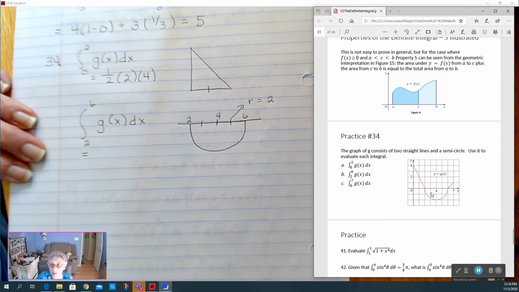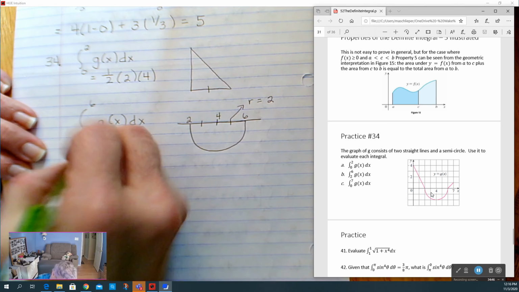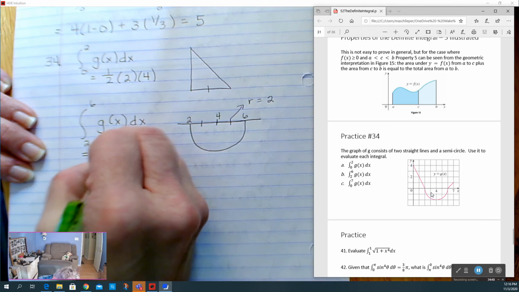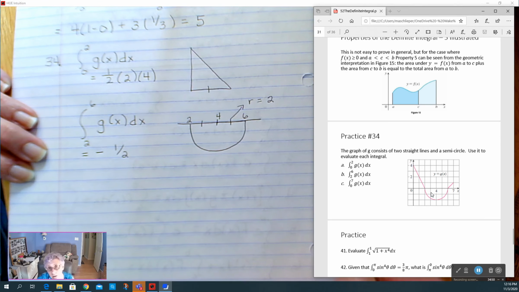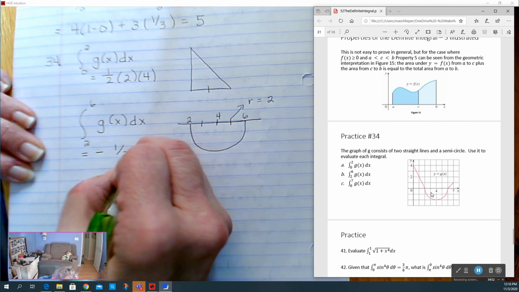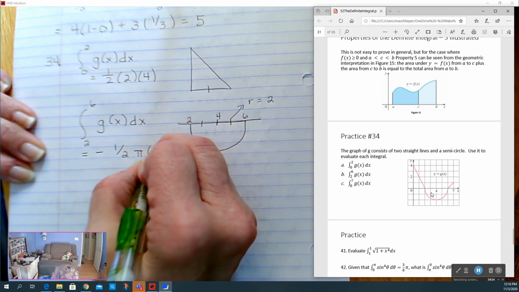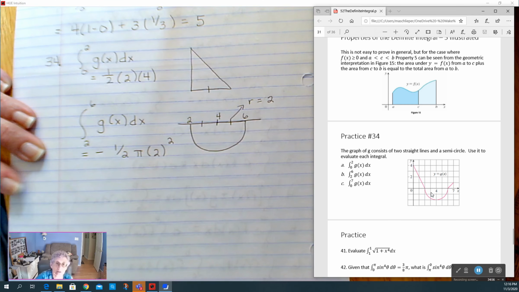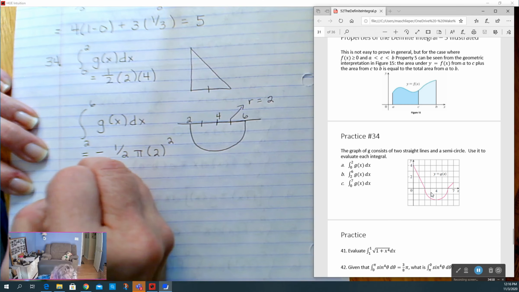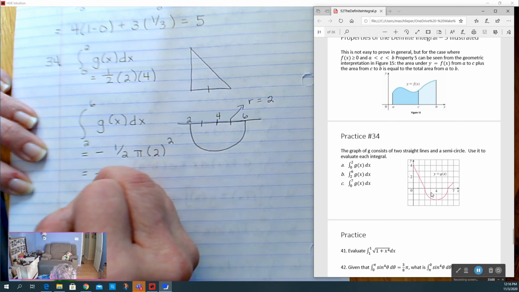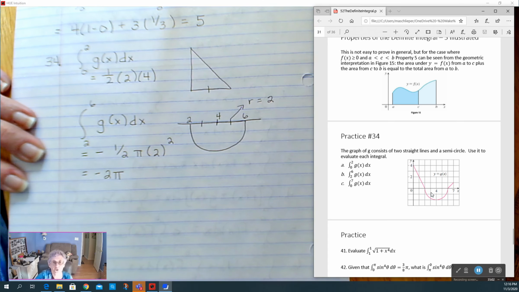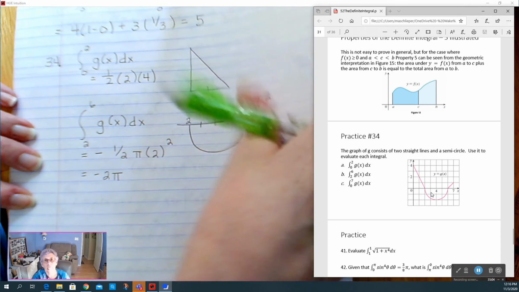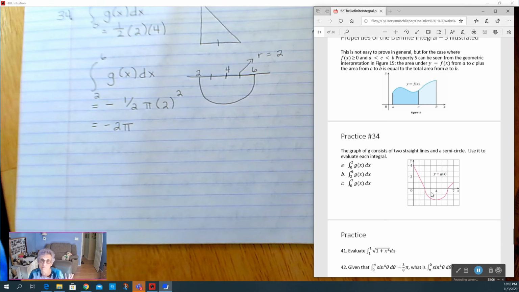This area is going to be negative because it's below the x-axis. 1/2 the area of a circle, so half of pi times r squared. So negative 2 pi. So far we've just found the area under a curve.